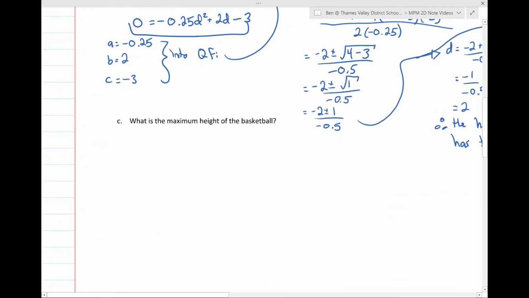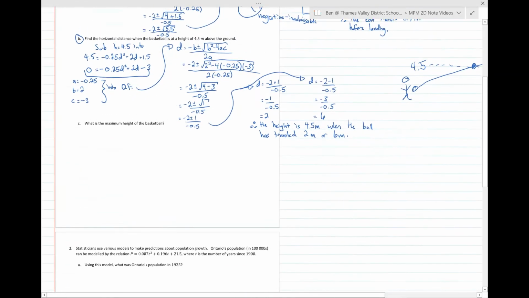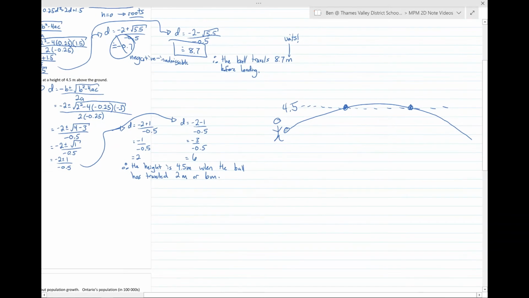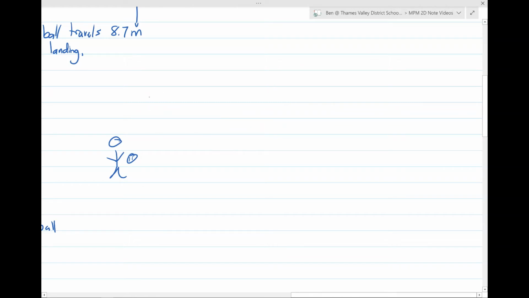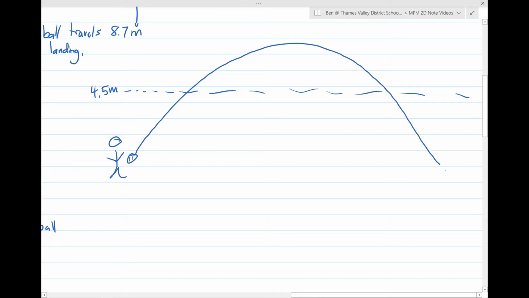Here we're going to try and find the maximum height of the basketball. Well, we can use a bit of a trick here. Let's create a better sketch. Let's say 4.5 meters is right here, and the ball goes up and the ball goes down.